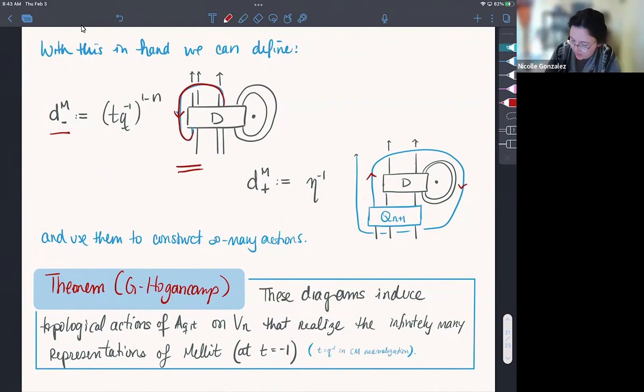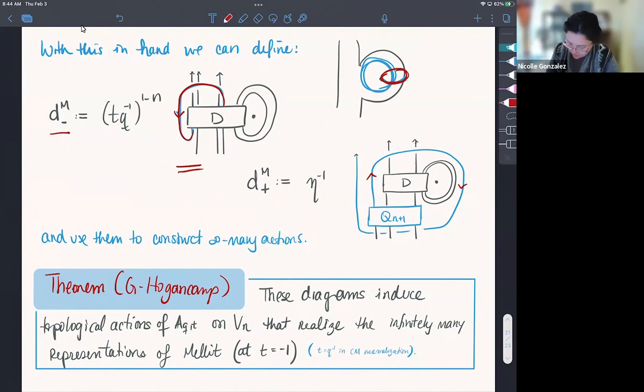If you have a diagram, let's say this is the space they're living in, one of the slopes is how many times you're going around in this direction, and the other slope is how many times you're going around in this direction. And you can see that exactly in the diagrams that you're getting.